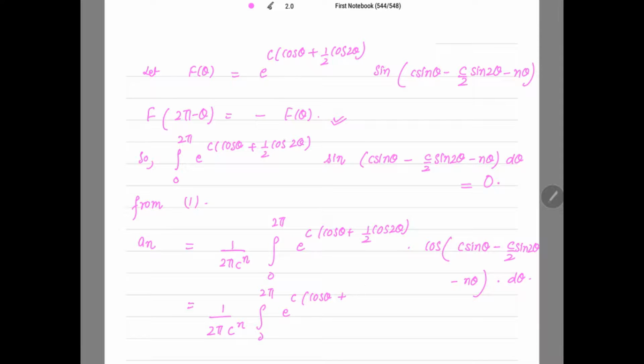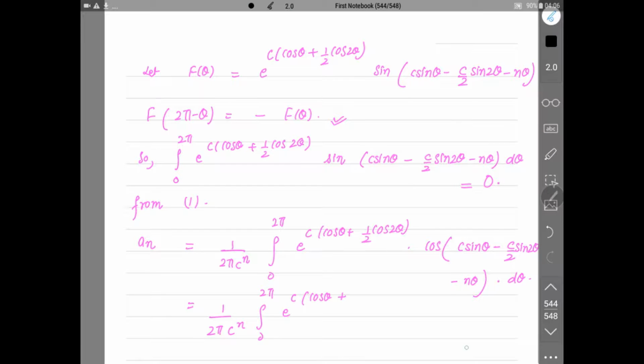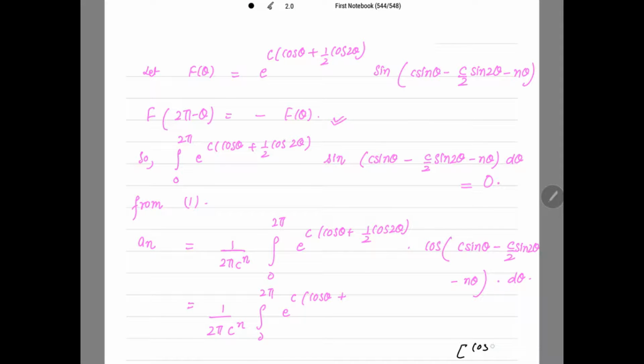So I'm writing over here, cos 2 theta is equal to 2 cos square theta minus 1.